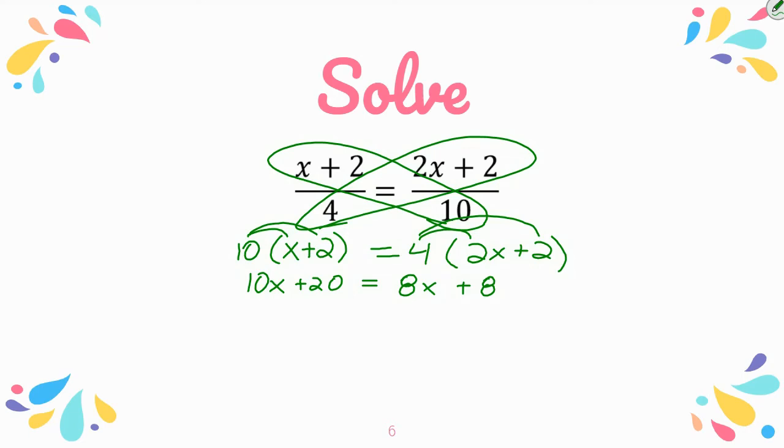Remember that when we have variables on both sides of the equation, we need to start by getting all the variables on the same side. I'm going to go ahead and subtract 8x from both sides, just because I would like to keep my variables positive. So I'm going to end up with 2x here, plus 20 equals 8.